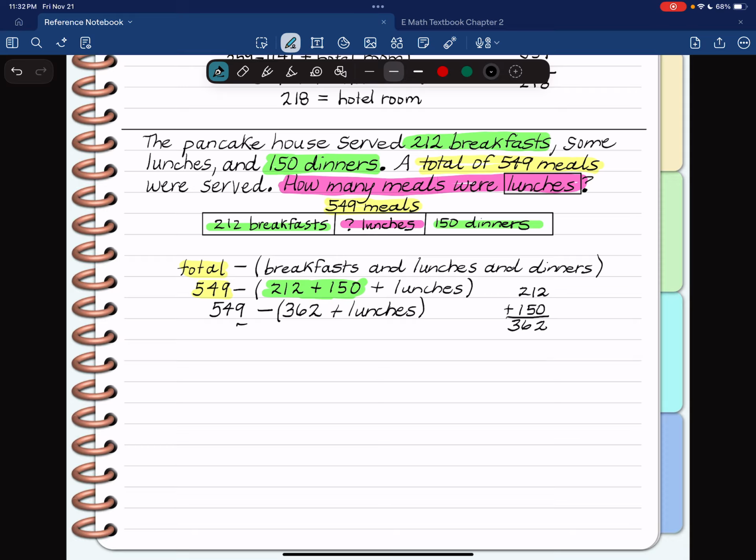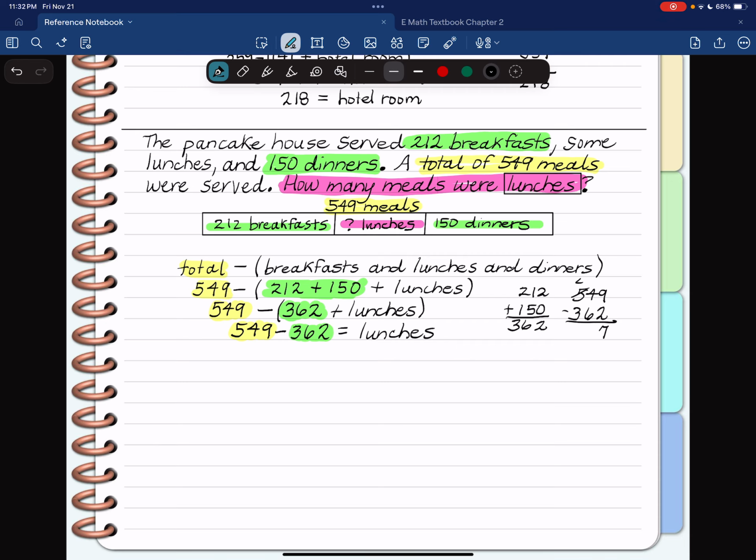So I'm left with this problem. If I take my total, 549, minus 362, that's going to tell me how many lunches there are. So I'm taking that 362 away from the total that we've been tracking all along. So I'll have to do that over here. 549 minus 362 is going to be 7.